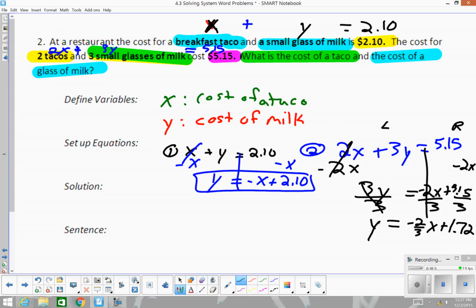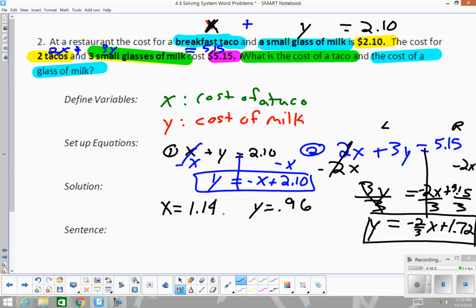Okay, so when you plug both of those into the calculator, you're going to get a solution of x equals 1.14 and y equals 0.96.